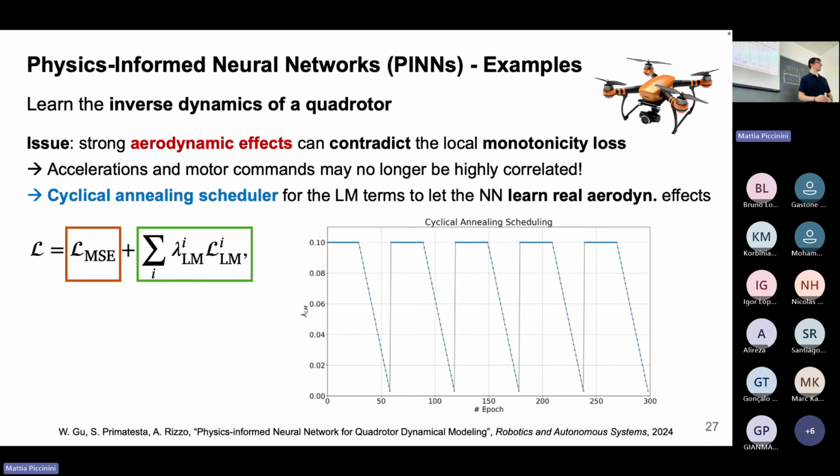I want to say that at the beginning of the course we mentioned the idea that you can embed physics not only in the architecture, in the loss, in the input or the data set, but you can embed physics and physical intuition also in the training. And here's an example, no? Because you are not doing real standard training, but you had some prior intuition, some prior knowledge about your system.